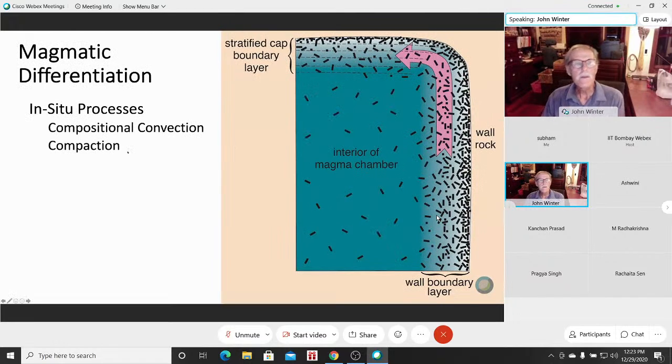Okay, so there's a number of in situ processes we can think about, but I'm rather partial to just this one because it's simple, like I am. If you have a chamber here that is basically, let's call it a basalt, and you're going to have a temperature gradient toward the walls, and that means that this lower temperature rock will be entirely crystalline. This will be the solidus boundary right here, where it's cooled against the wall rock.